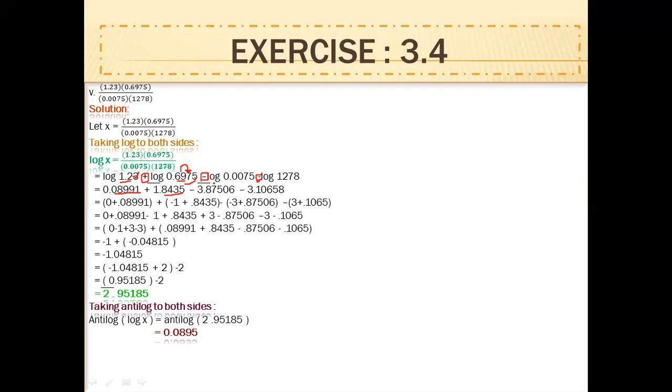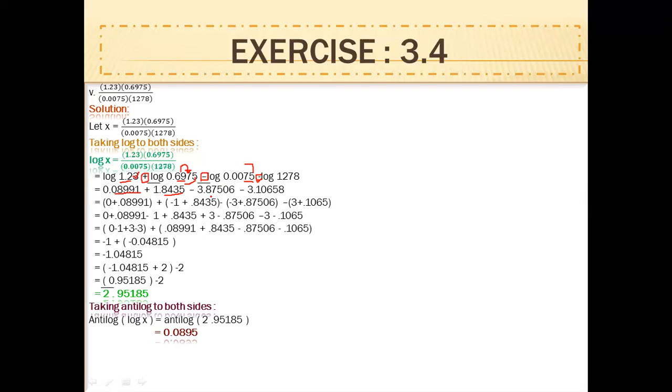Now it is the turn of the third number. Minus sign is already there and when you convert 0.0075, as you know, whenever numbers start with the decimal, the power of 10 will always be negative. So the characteristic becomes minus 3.